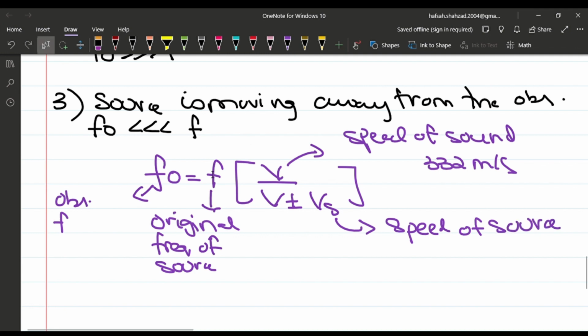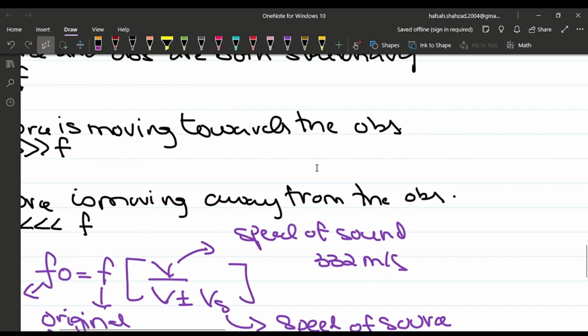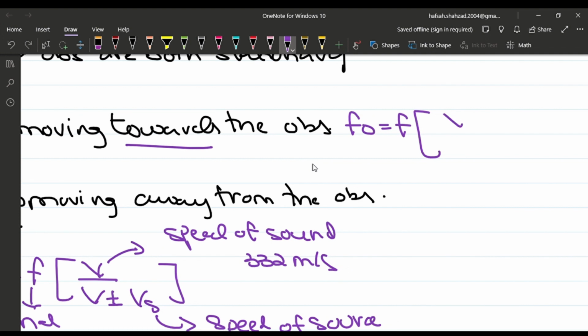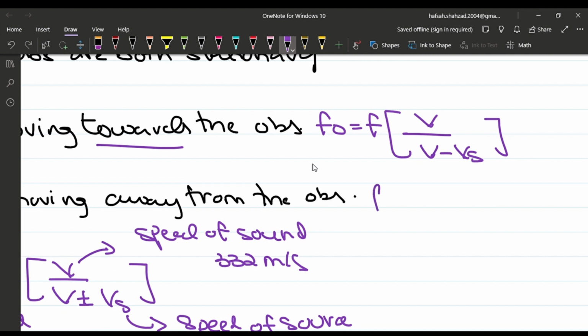In the second case, when the source is moving towards the observer, we will have a minus sign in the denominator, and when the source is moving away from the observer, we would have a plus.